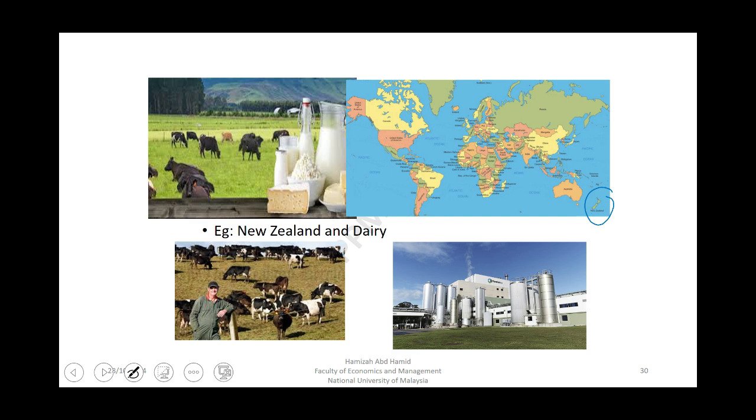But New Zealand has a good climate, and a large land useful for agricultural practices. Remember, when we talk about New Zealand, we talk about dairy. It is actually a planned effort from the government with the farmers, with research institutions, with the firms, suppliers and so on.